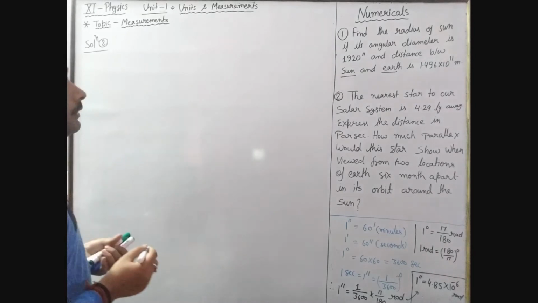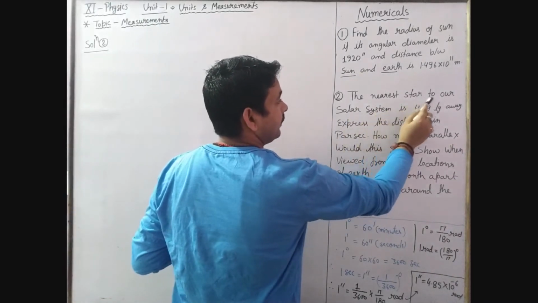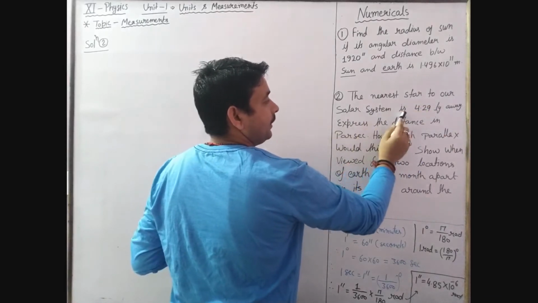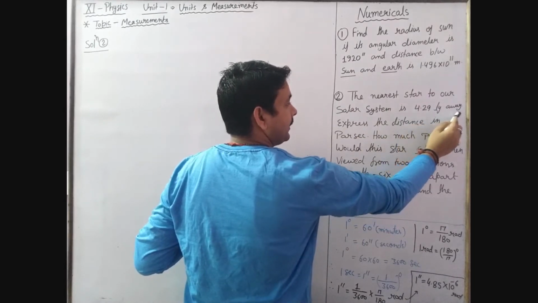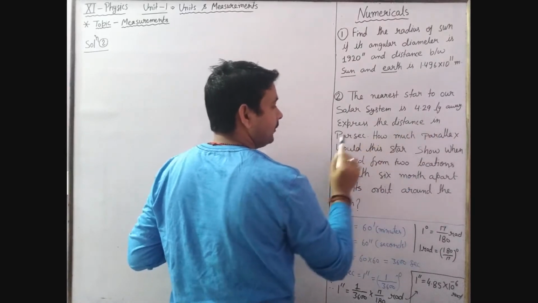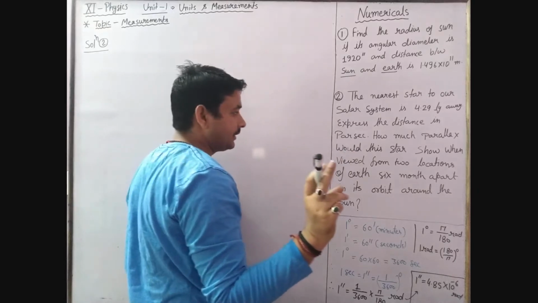Okay, next question: the nearest star to our solar system is at 4.29 light years away. Express the distance in parsec. That means parsec is parallactic second.